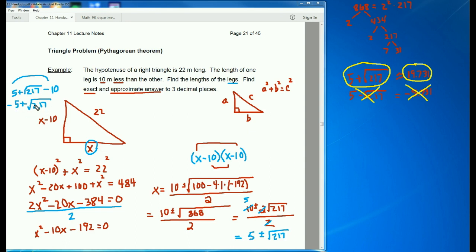And then if you just compute that on your calculator, you should find out that that is approximately 9.731. Right? Okay, I'm going to go on to the next page.